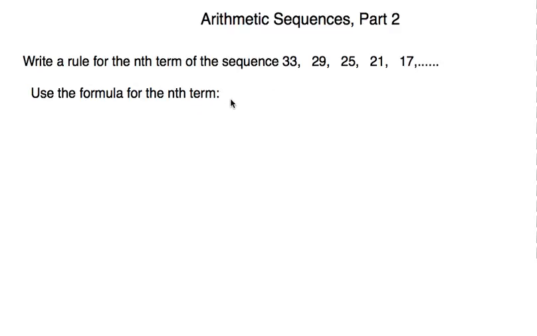So what we need to do is use a formula for the nth term, and that formula is a sub n equals a sub 1 plus n minus 1 times d. So what are these parts of this formula?